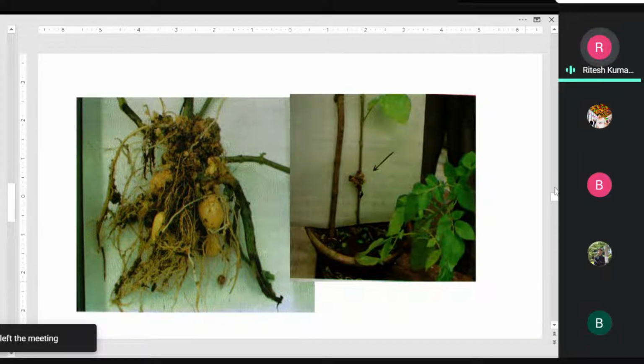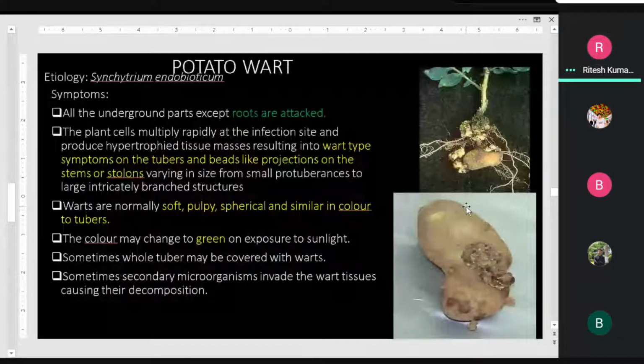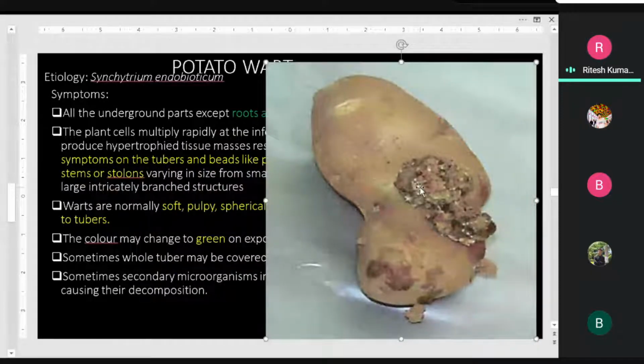And sometimes warty growths or these hypertrophied cells may be observed on the stalks near the soil line. Generally that is not seen. Typical wart is rough and cauliflower-like. They are initially white, or light creamish, and with aging they become brown to blackish because of the secondary invasion of some pathogens.